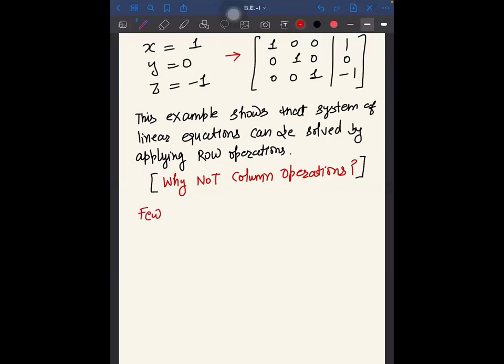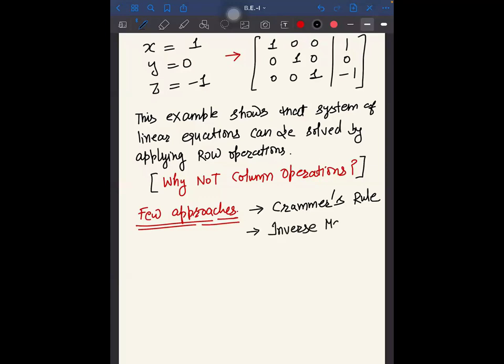The few approaches which you have already done are, first, Cramer's rule, and another one is finding the inverse of the matrix, that A inverse B approach.